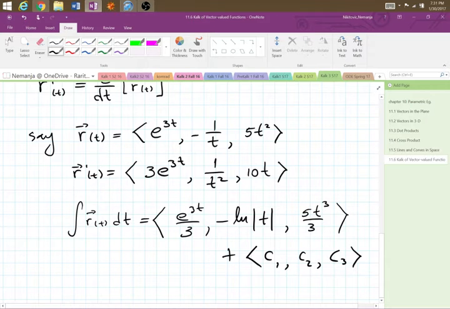We know that we add vectors x component to x component, right? So if you don't put plus C in Calc 1, that's minus 1 point. What happens when you don't put plus C1, plus C2, plus C3?